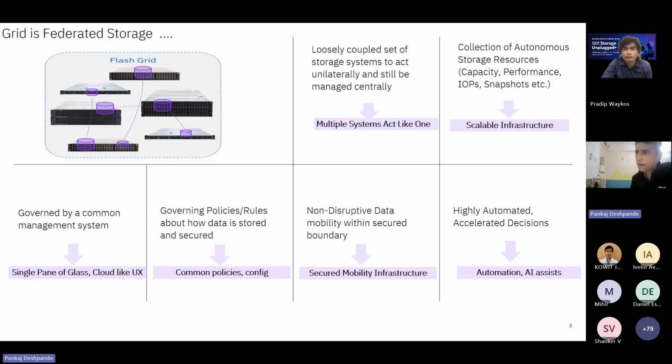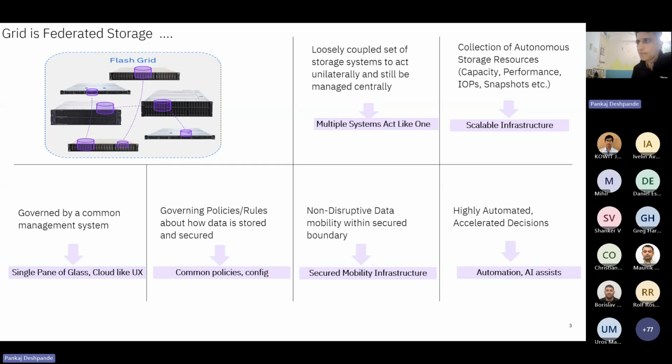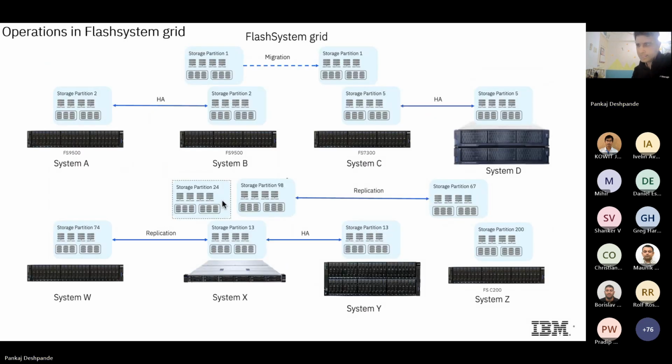In the 90s, we used to manage individual drives, and then RAID arrived, and we were no longer managing the drives in the same way. FlashSystem grid is trying to get multiple controllers together, as a loosely coupled set of systems, managed centrally and governed by a common management system, with common governing policies, rules, a lot of automation and accelerated decisions. You also get a scalable infrastructure in terms of capacity, performance and different tiers of storage, all managed as one.